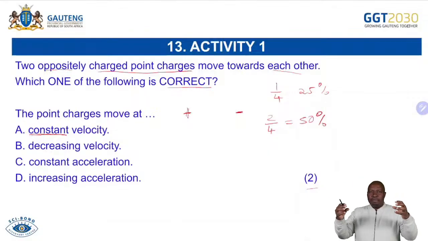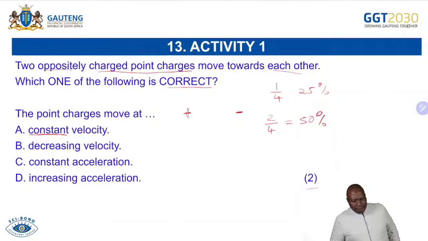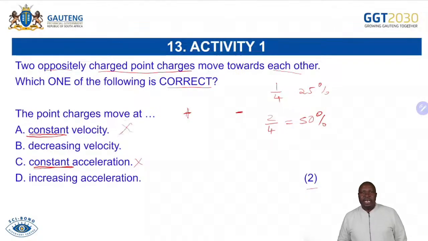So as you bring them together, you're expecting that now the object won't be moving with a constant velocity. Definitely the velocity increases because the force is more, it increases as the distance decreases. So we're expecting that it cannot be constant velocity, it cannot be constant acceleration. So these are definitely our distractors.